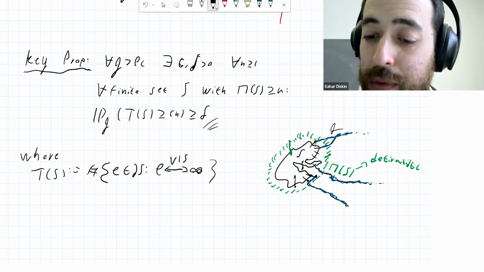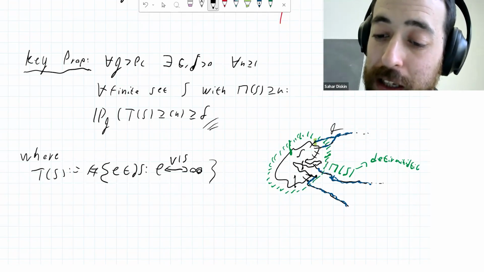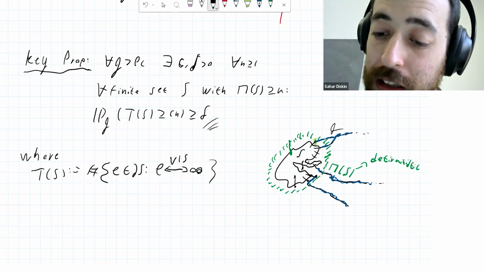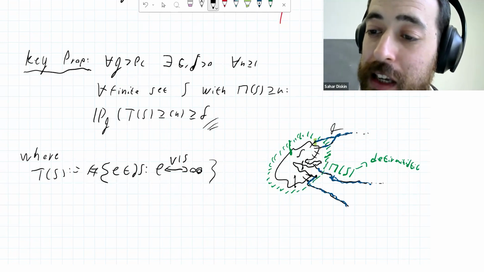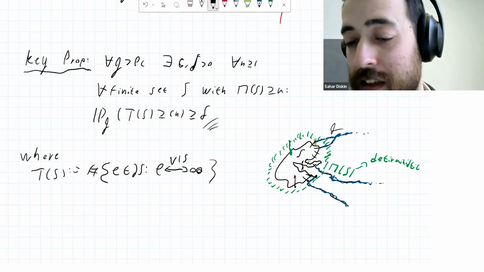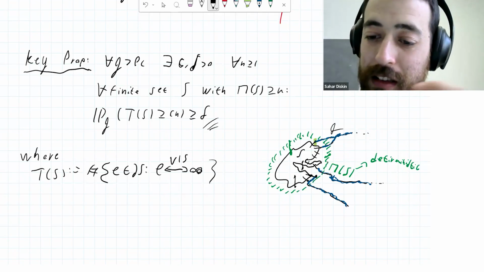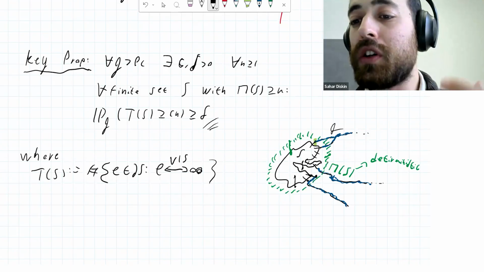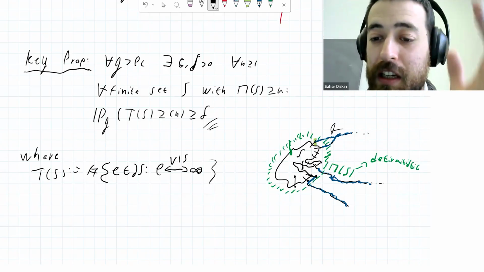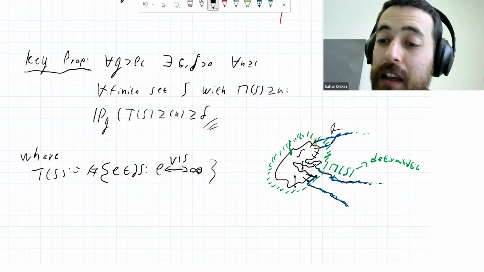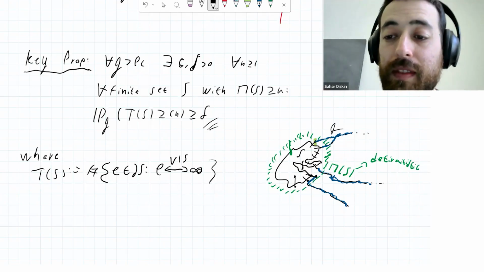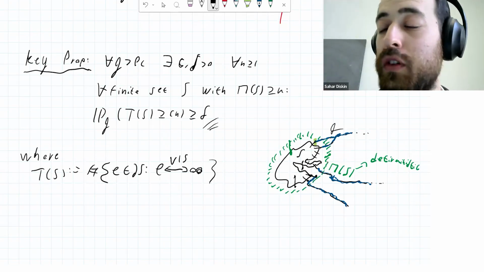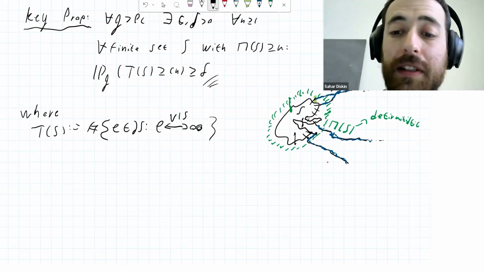These ones are kind of blocked by S itself. I could even make it a bit narrower. So it's hard to imagine that they actually will do something very interesting. They're quite blocked. They're not going to give me a lot. What I actually care about is these isoperimetric optimal cut sets around. But we will make this all more formal in a moment. Okay, so this is the key proposition.